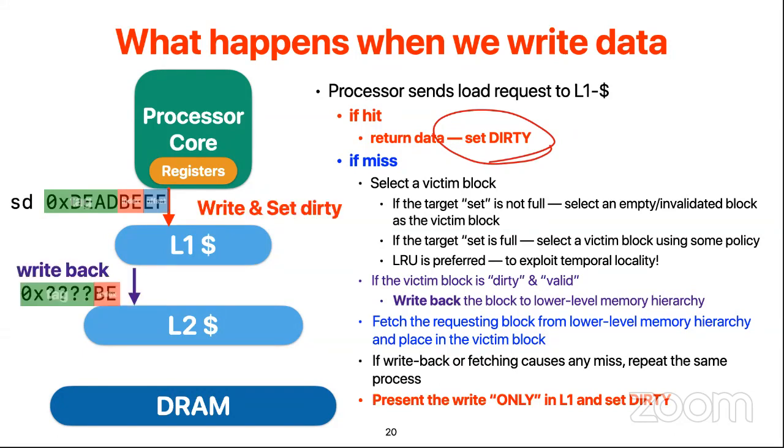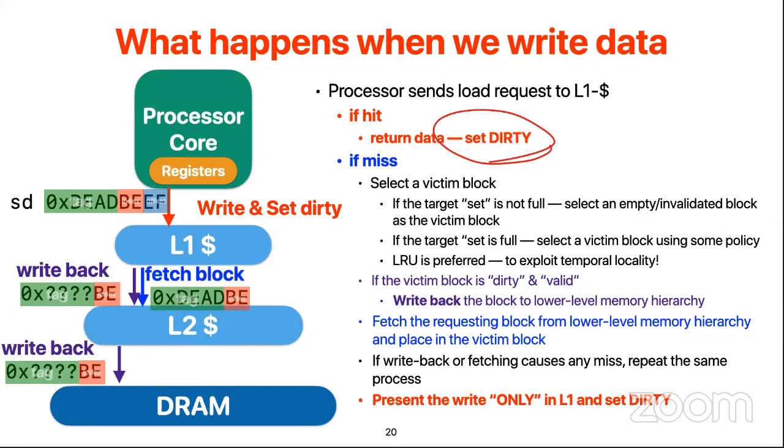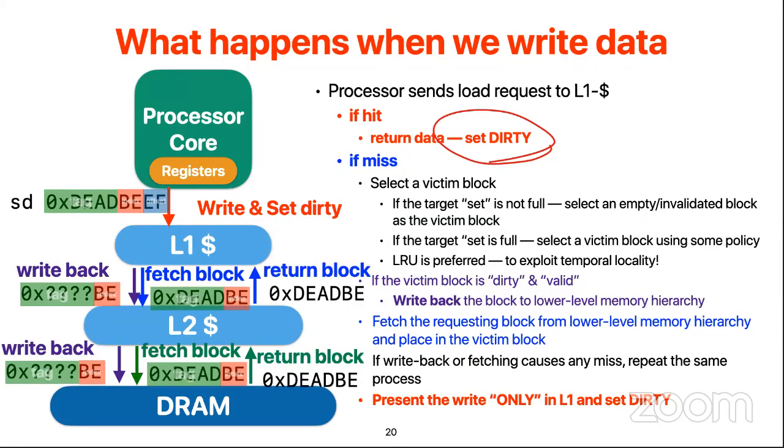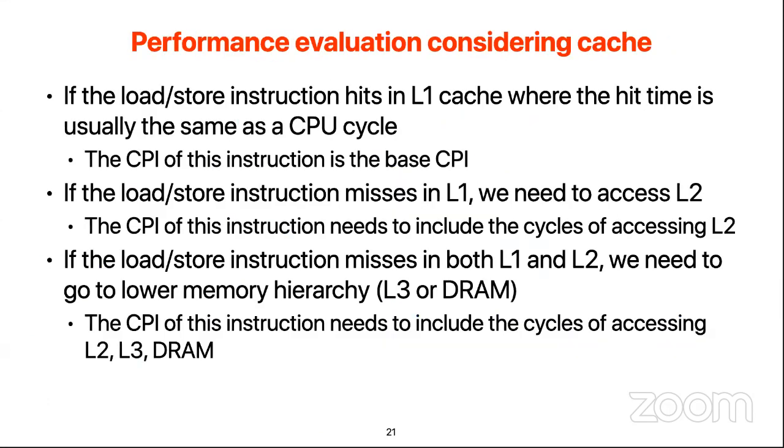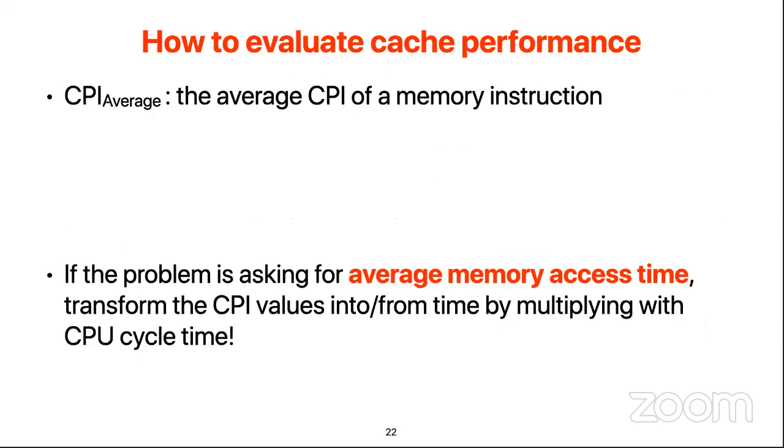And again, if it's a miss, we go to the lower level memory hierarchy to fetch the block containing the word that you are accessing and put it into the L1, perform the update, set the dirty bit, and return to your instruction. So that's the whole story about cache access.